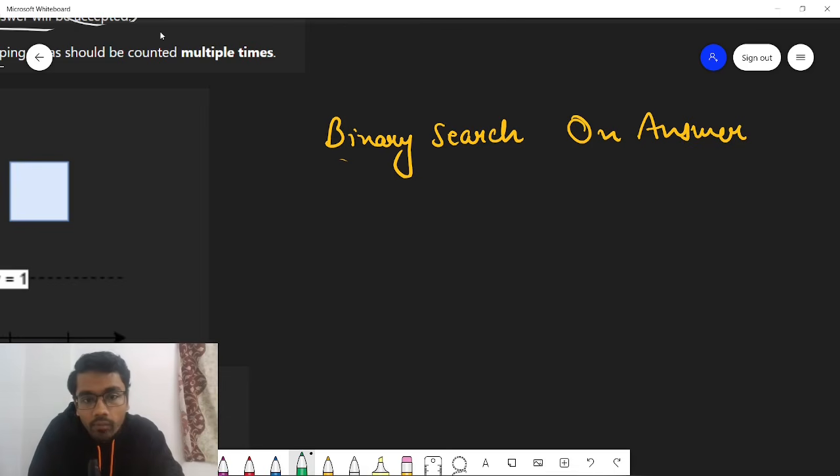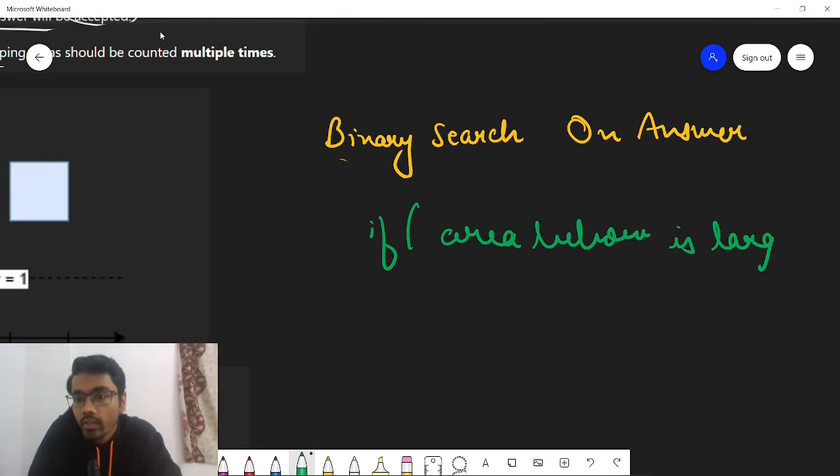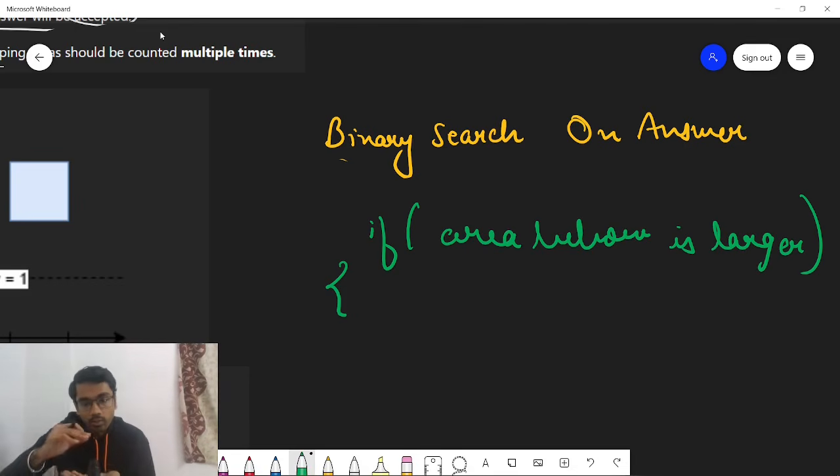So we can check if the area below is larger than the above area. So in this case the below area is larger, so we need to pull our middle value to lower values.